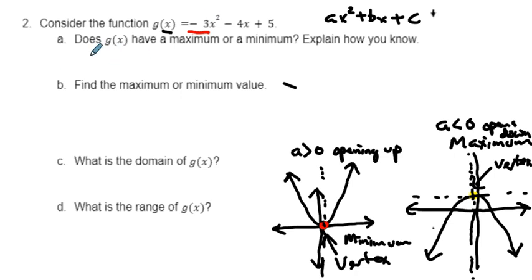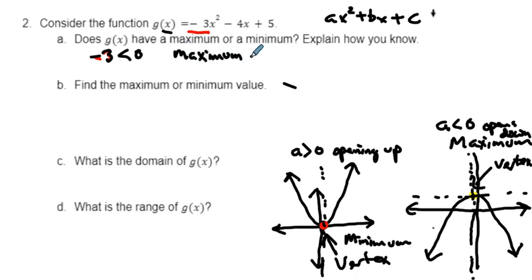Is my a greater than 0 or less than 0? Negative 3 is definitely less than 0. Because of that, I know this quadratic is going to open down, and because it is opening down, the vertex is going to be the highest point, or the maximum. So I would say it is going to have a maximum.